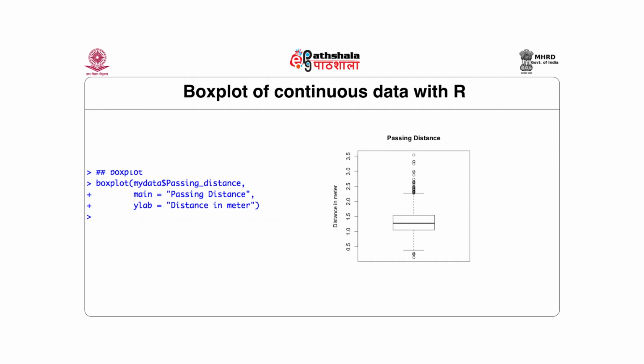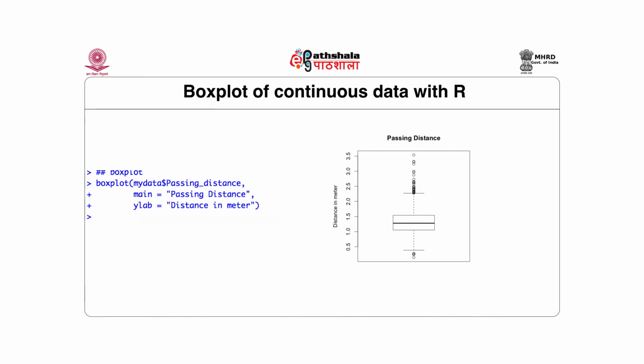Now, these whiskers are kind of the limits. This gives you a sense that any value that lies beyond the whisker is an outlier. It's conventional, and these are outliers.